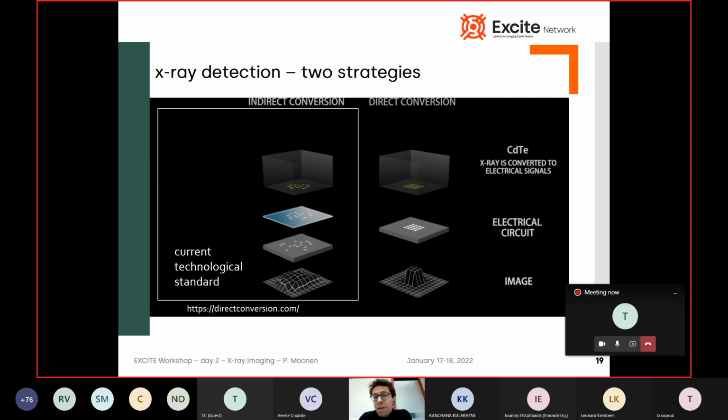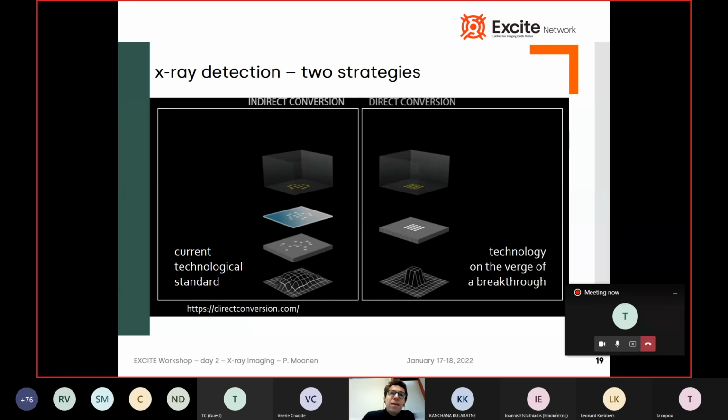That's a very mature technology, and it works perfectly. In any of the tools available within the Excite network, it's indirect conversion that is used. That's the technological standard. The direct conversion on the right is a technology that is still under development. It's in many labs, including ours. We're looking at this type of technology, and we hope that this will be the next big thing.